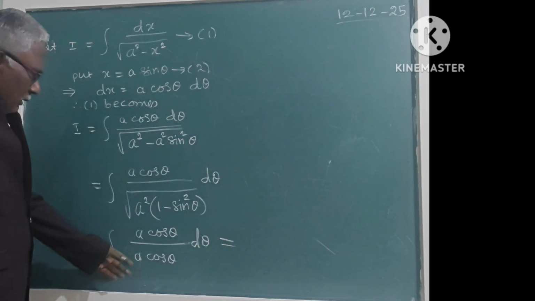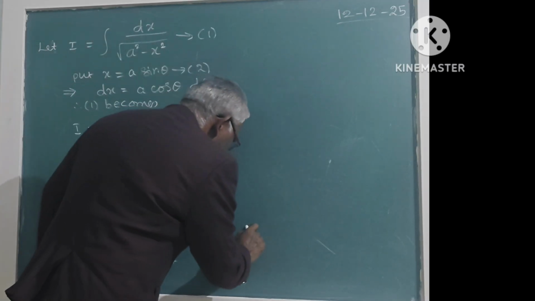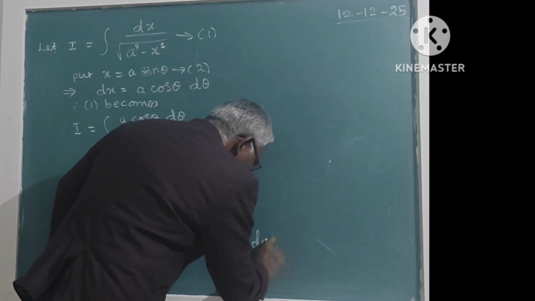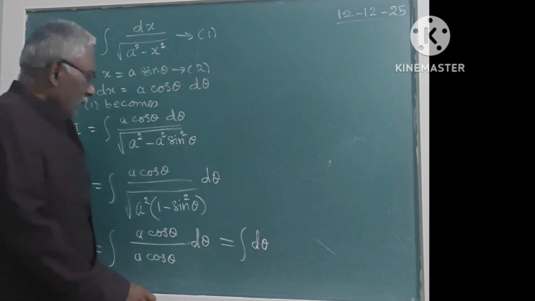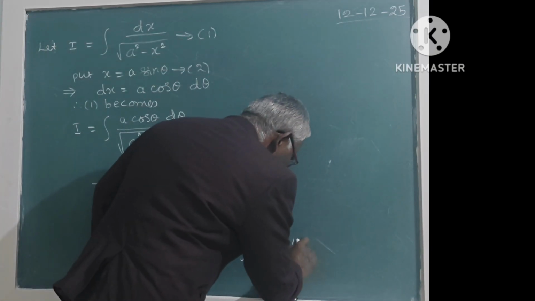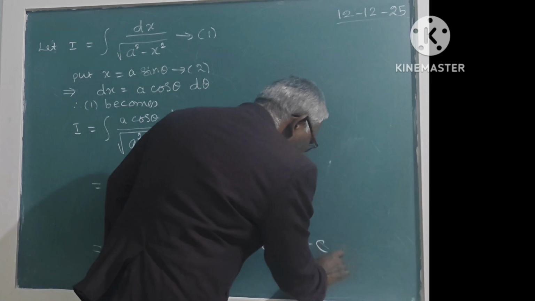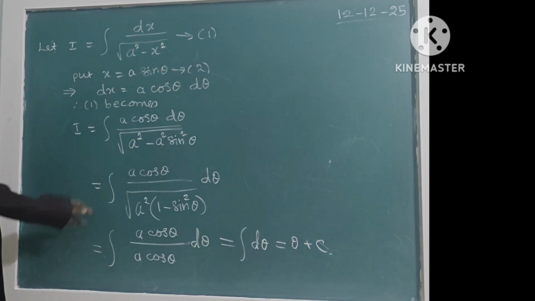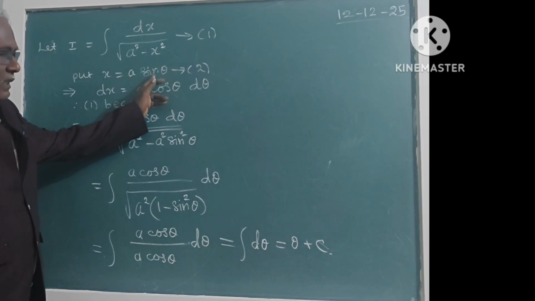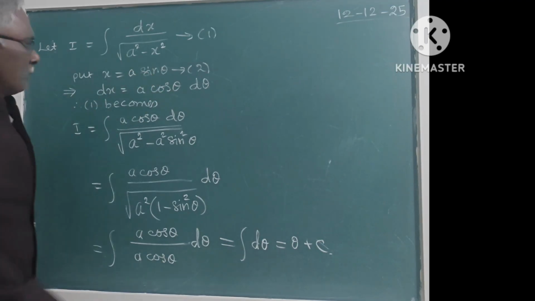So what does this become now? This becomes simply integral d theta. What is the value of integral d theta? It's nothing but theta plus constant. What is theta? We know that x is a sin theta. From here we have to find the value of theta.